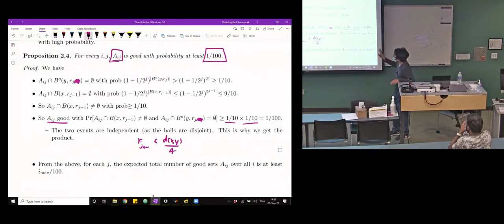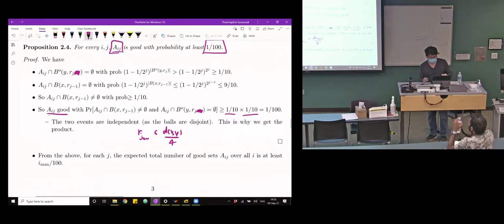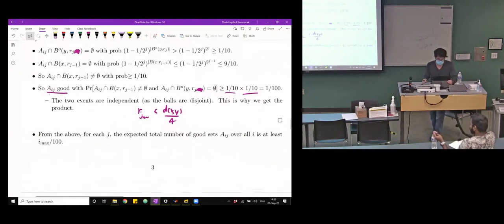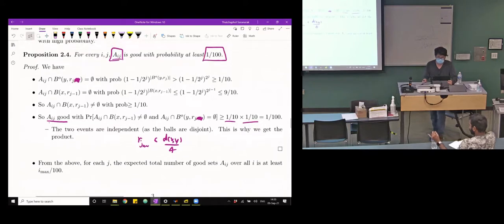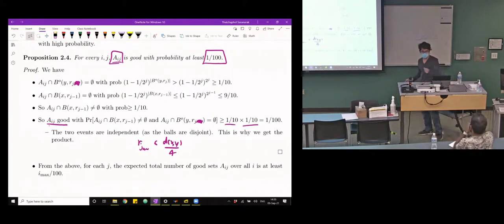That should be it, right? Yeah. Right. Thanks. Okay, so now each set is good with constant probability.